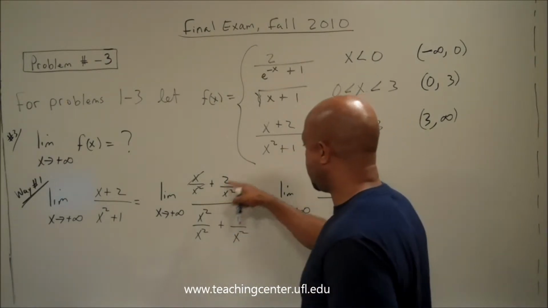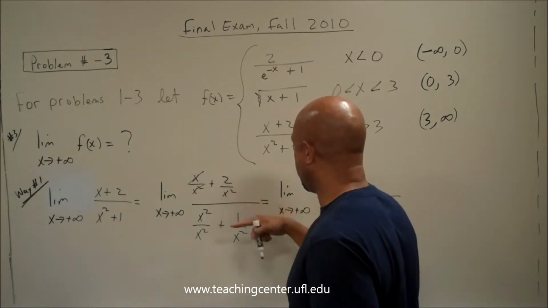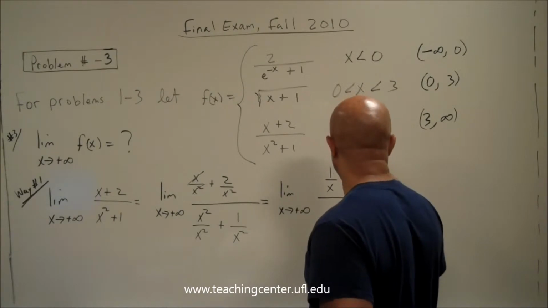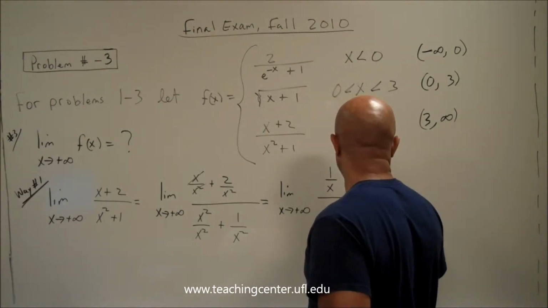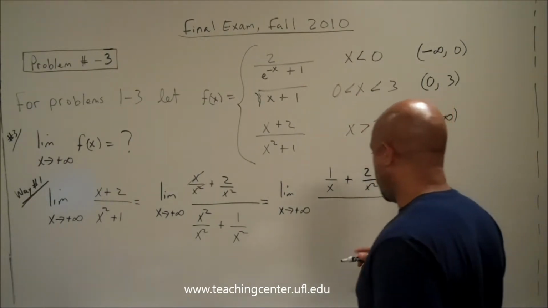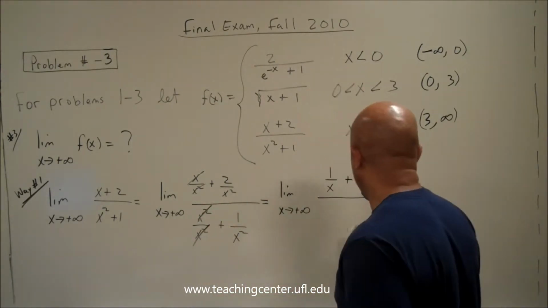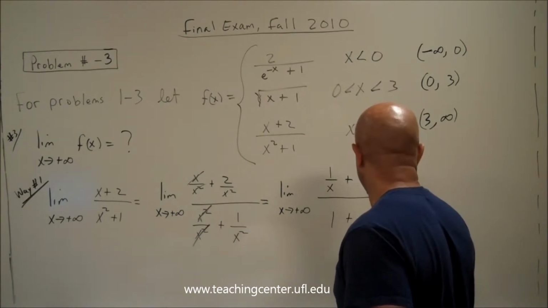We'll leave the 2 over x squared in terms of x for now. And in the denominator, that's just 1 plus 1 over x squared.